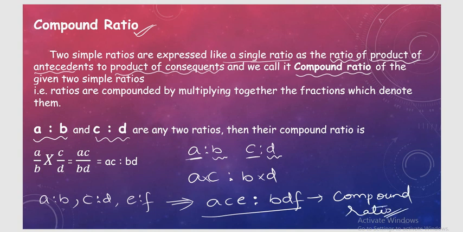Likewise, we can find the compound ratio of any number of ratios. The only thing you need to remember is that we multiply antecedents separately and consequents separately and write them in their particular positions, right? So this is about a compound ratio.